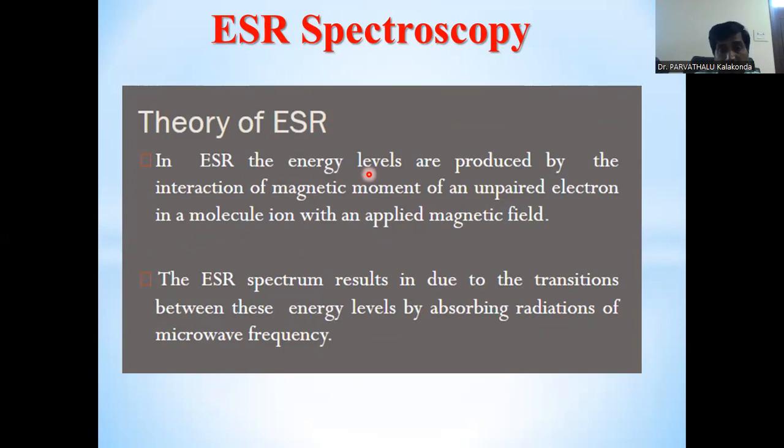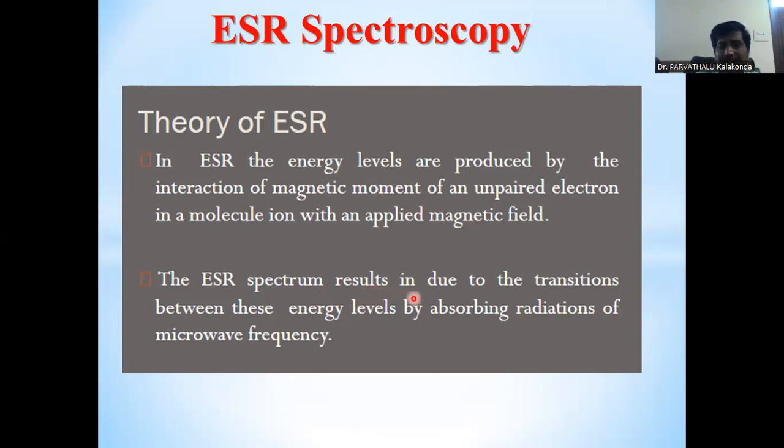Whenever you apply the microwave frequency to the sample, there you have the magnetic field as well as the microwave field. Both will match and you have a resonance. The spin of the electron would change suddenly. Such a condition we call electron spin resonance.